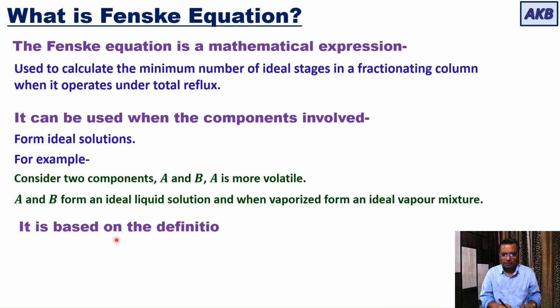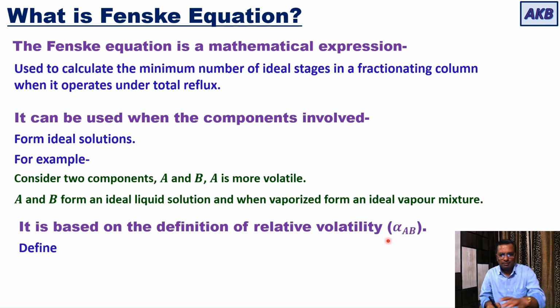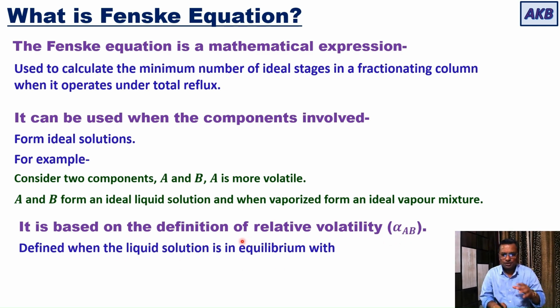It is based on the definition of relative volatility, that is, alpha AB. So, what is alpha AB? This relative volatility, the definition that we are going to use to get Fenske's equation, is defined when the liquid solution is in equilibrium with the vapor mixture.